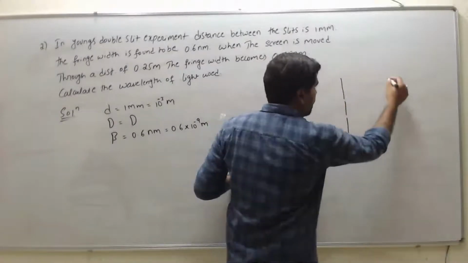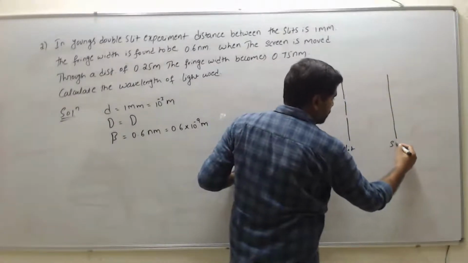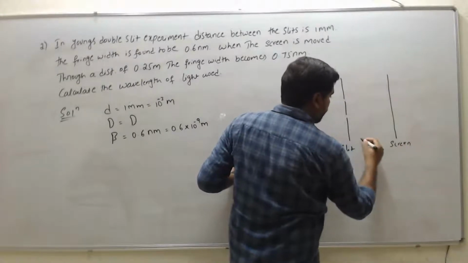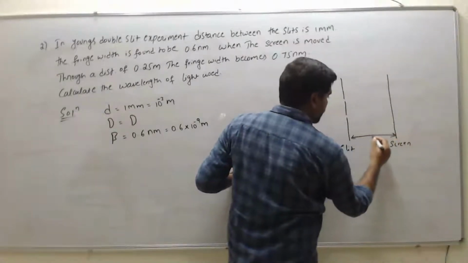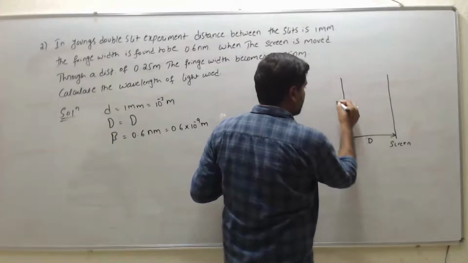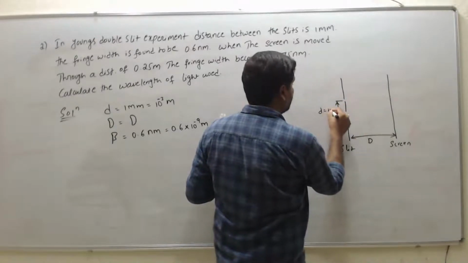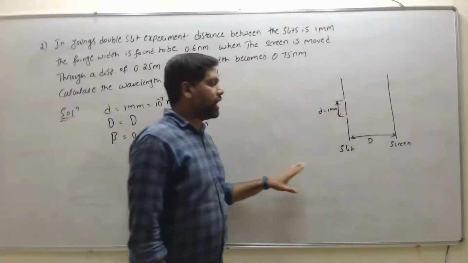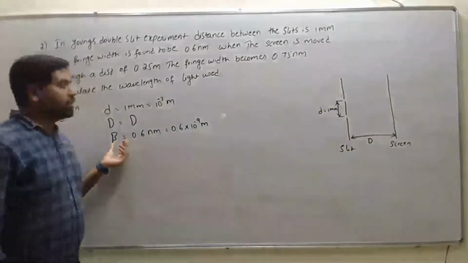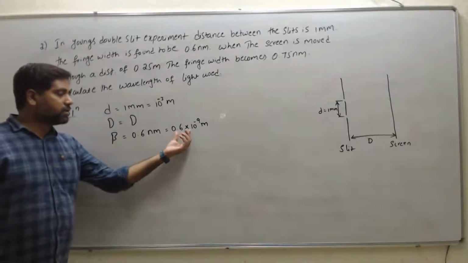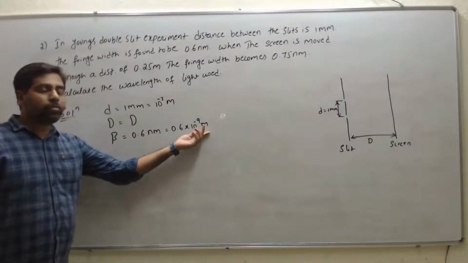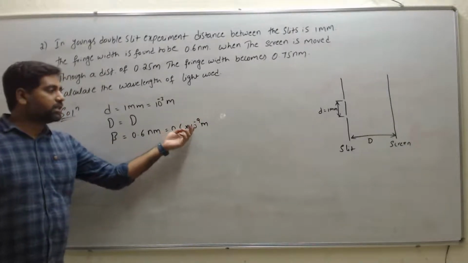So this one is the slit, and here is the screen. For the first case, it is D, and the distance between the slits is small d equal to 1 millimeter, right? For this they gave the fringe width which appears on the screen as 0.6 into 10 to the power of minus 9 meter, that is 0.6 nanometer.